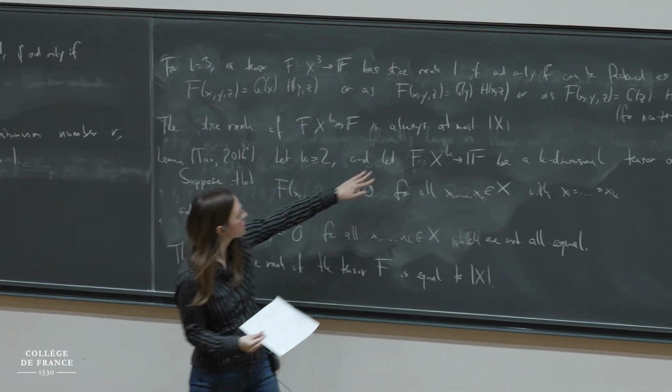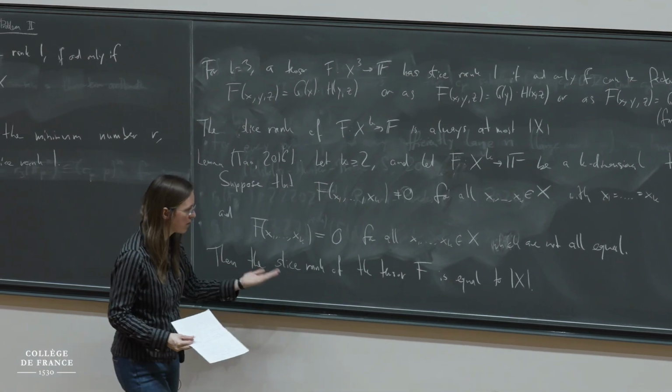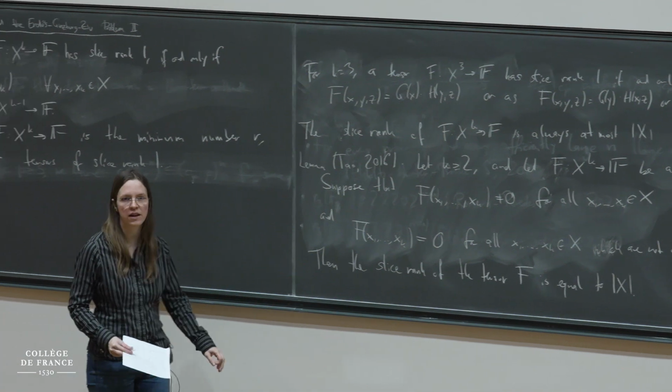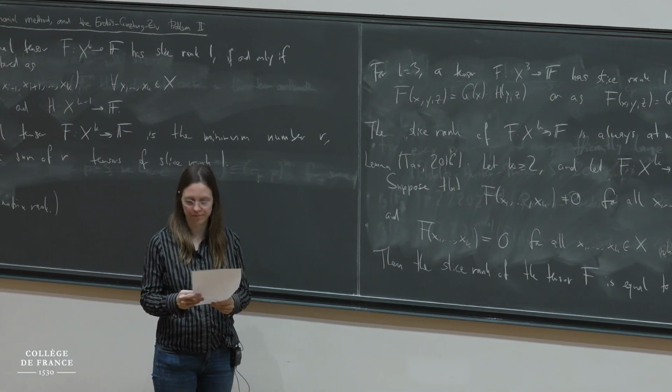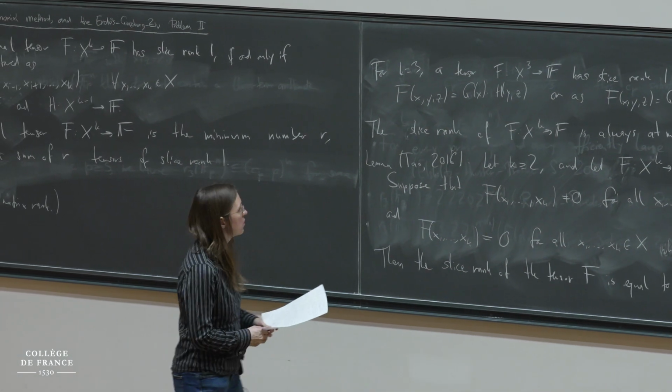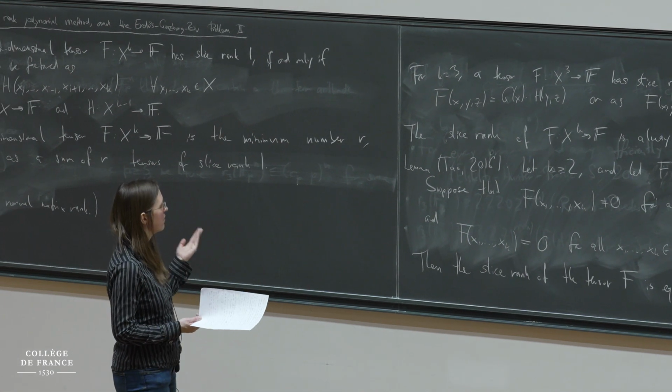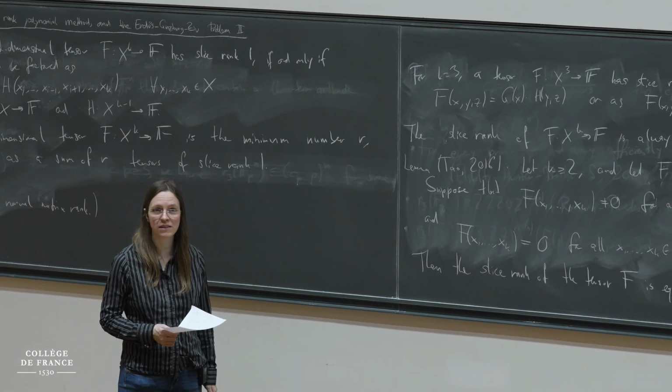Here we know it's always at most the size of x, so the point is we have a lower bound, so we know it's actually equal to the size of x if we're in this special diagonal form, like with matrices. Okay, so the proof of this lemma is, as you can maybe imagine, a linear algebraic argument.